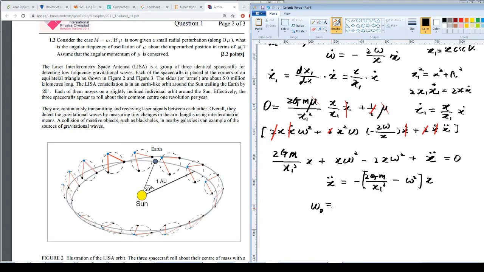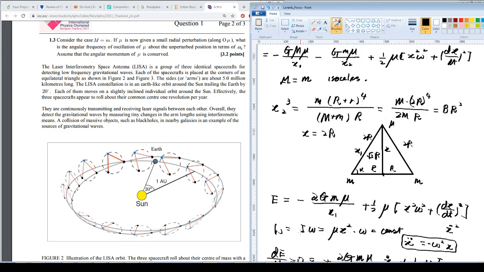This is the oscillation angular frequency. I think we see that it actually might not be stable. It depends on the values. So I think it should be useful to check if they're actually stable.